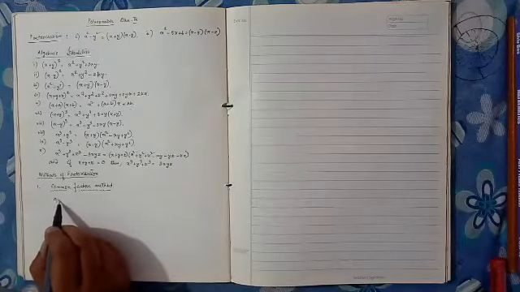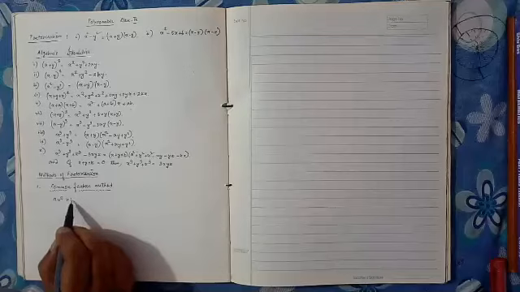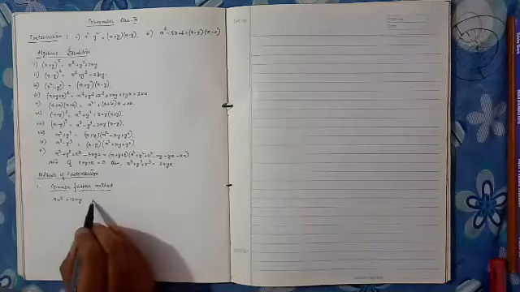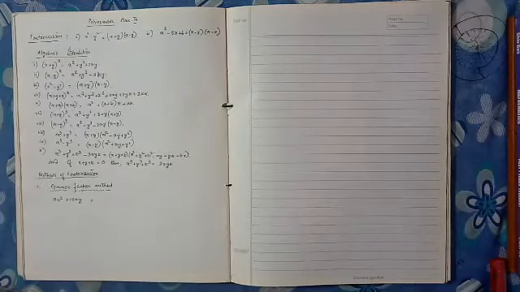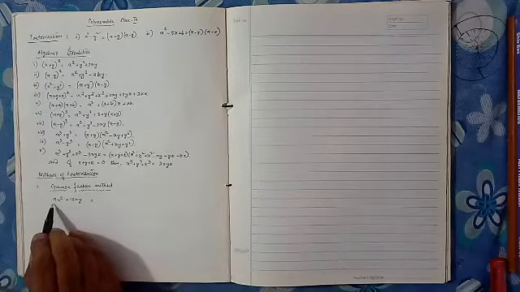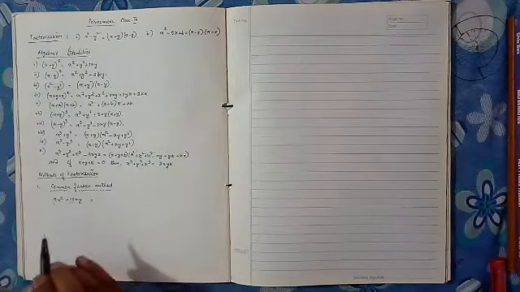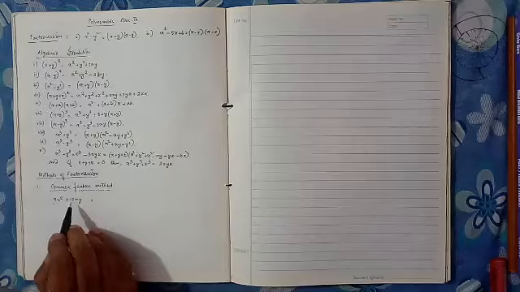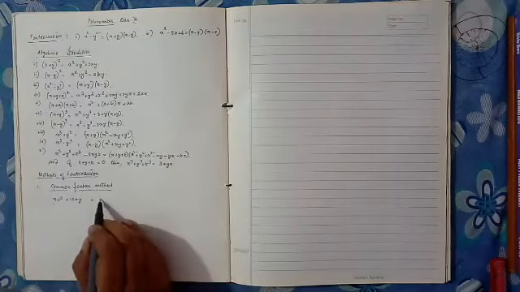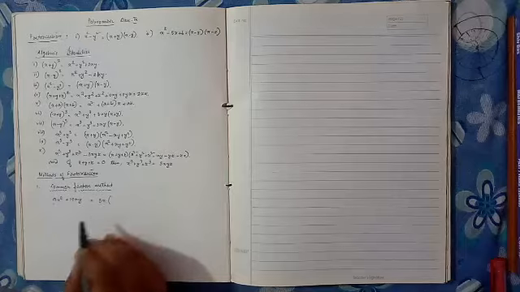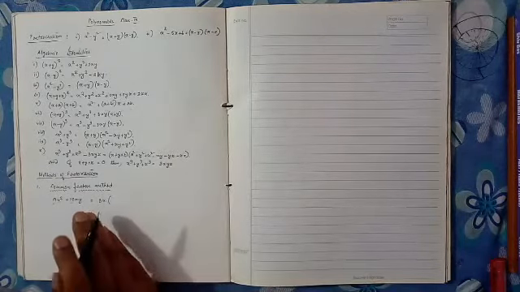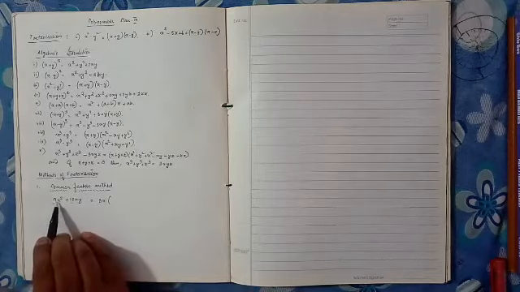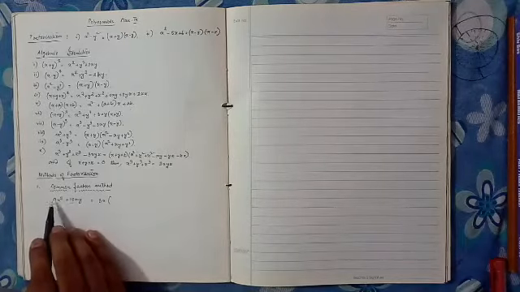Like 9x square plus 12xy. First, let us find out what common factors are present here. 3 3s are 9, 3 4s are 12, so 3 is present here. x square and x, so x is also present here. So if we take out 3x, it means we are dividing each term by 3x.